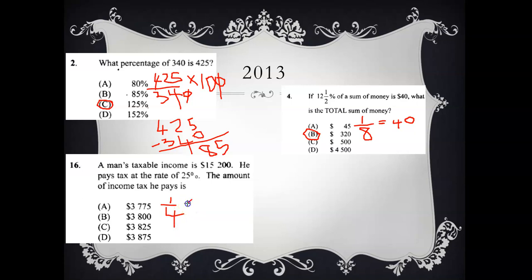So what we want is a quarter of 15,200. So 4 into 15, 3, remainder 3, 4 into 32, that's 8, 4 into 0, 0, 0. So our answer is B, $3,800.